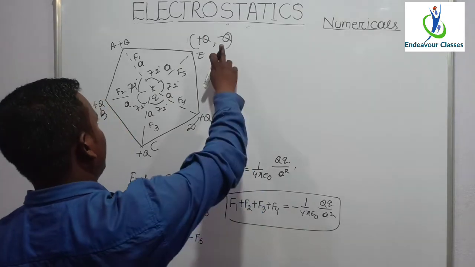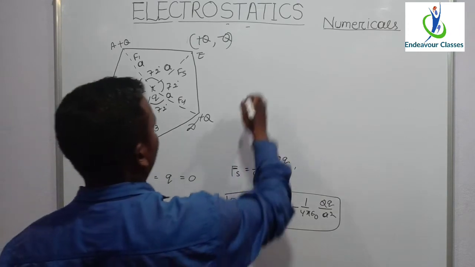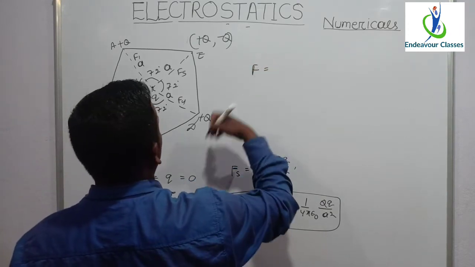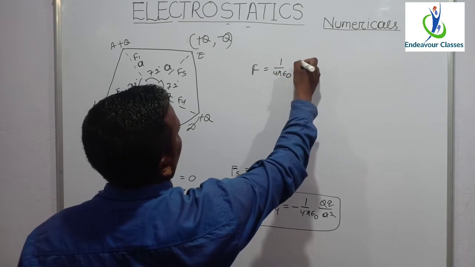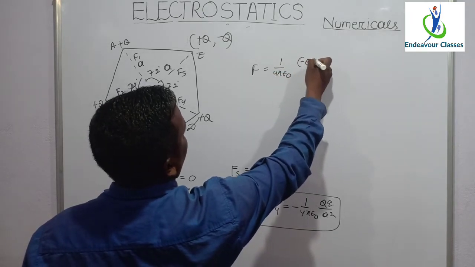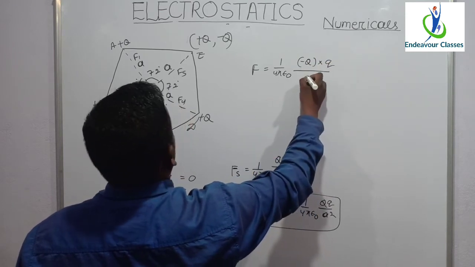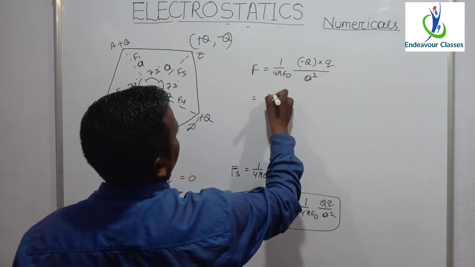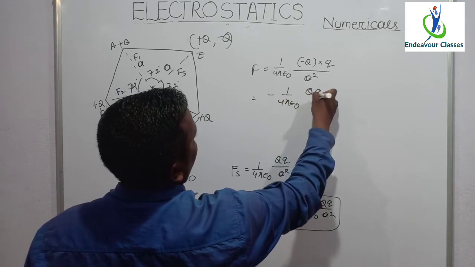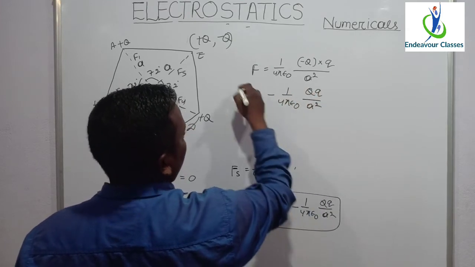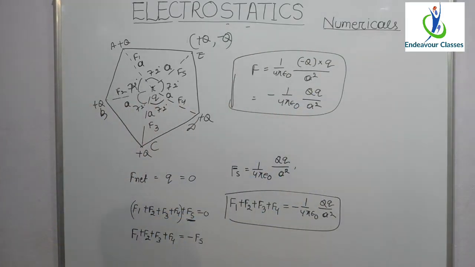So there will be only a minus q charge and a q charge, and the force between them will be F equal to 1 by 4 pi epsilon naught minus q into q divided by A square, so it will be minus 1 by 4 pi epsilon naught q by A square. This way you can also find the solution of this problem.